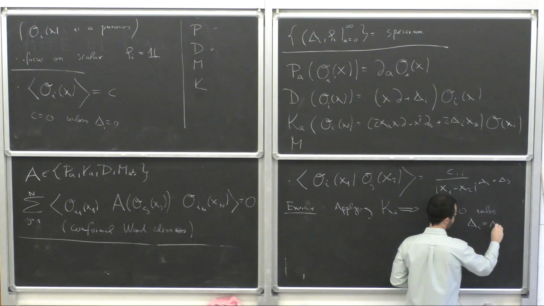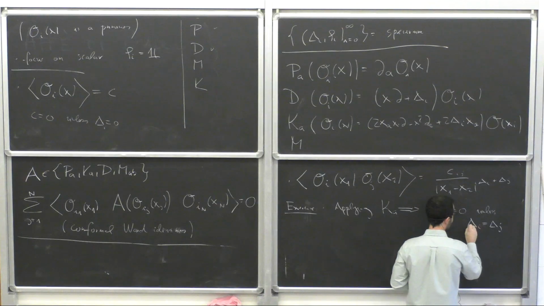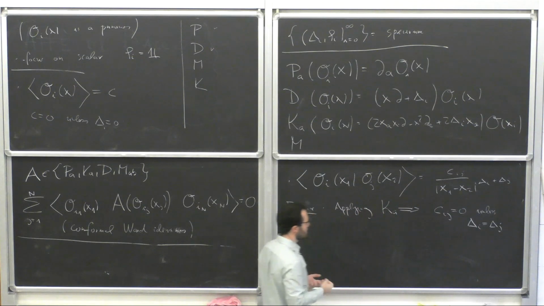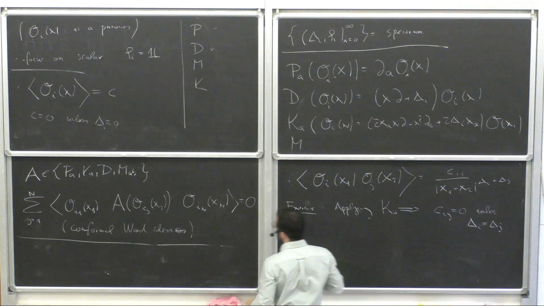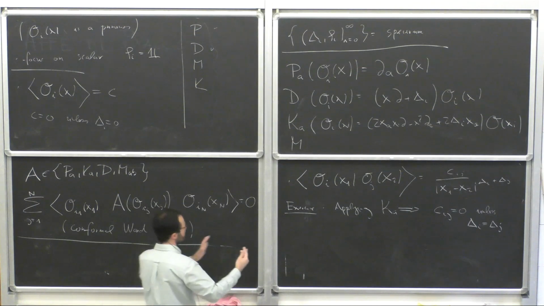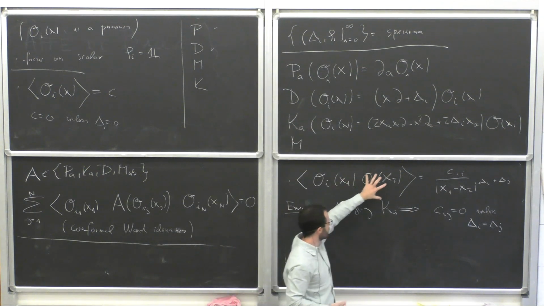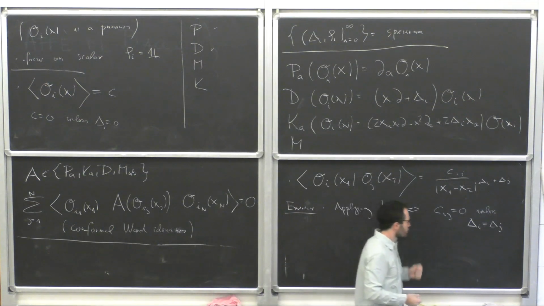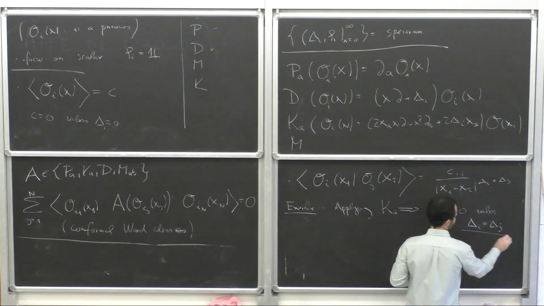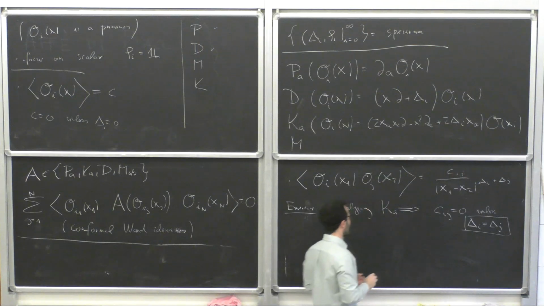Okay, so this is not really obvious. I think you have to do the calculation. Just apply this differential operator in this way. There's going to be one term from this operator, another term from this operator, and you get a contradiction unless the two deltas are the same.